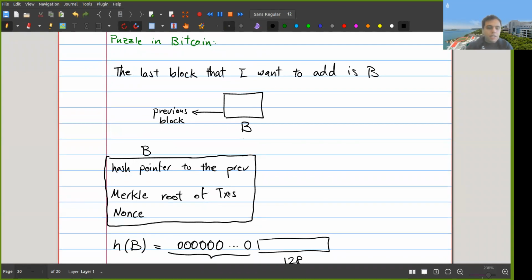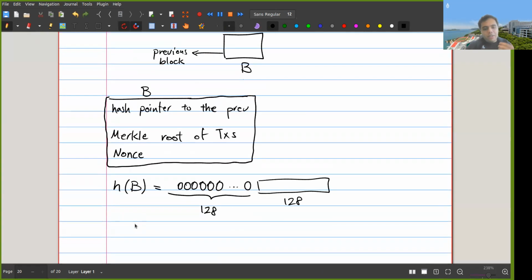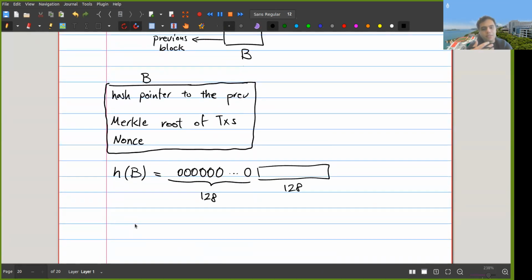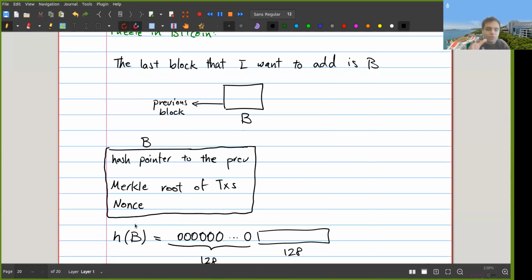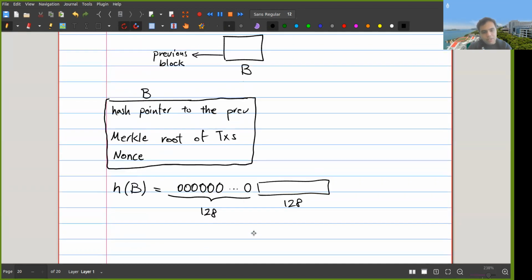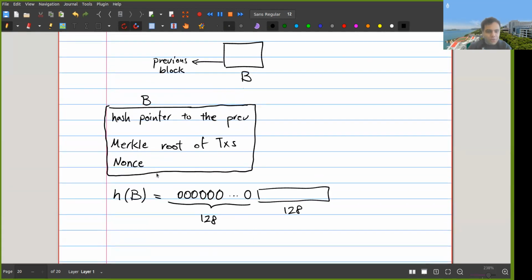If it doesn't, then I change my nonce. Now my nonce is 1. Again I do the hash, and so on. So in order to find a block such that when I hash it, the hash becomes really small and starts with a lot of zeros, I have to try many different nonces over and over again and compute the hash with these different nonces.